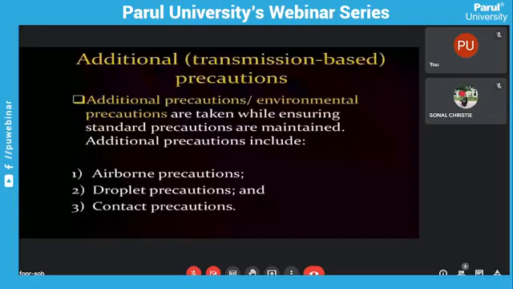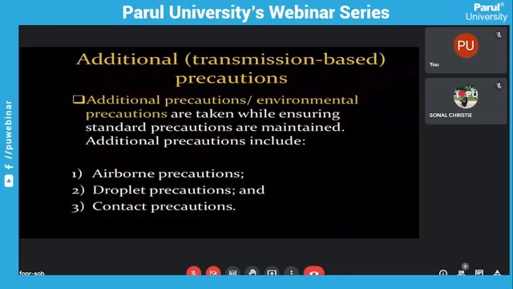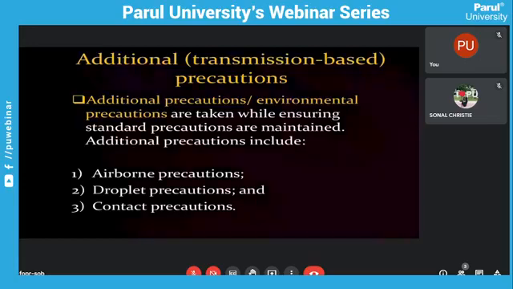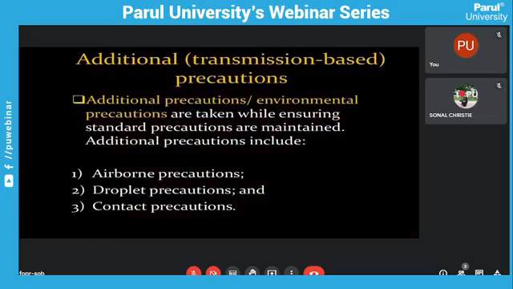Then next is additional transmission based precautions. Second is additional or transmission based precautions. These precautions are only used when standard precautions are first maintained.